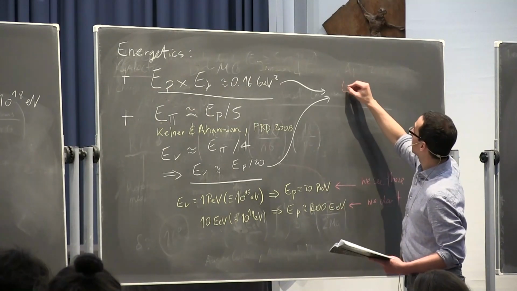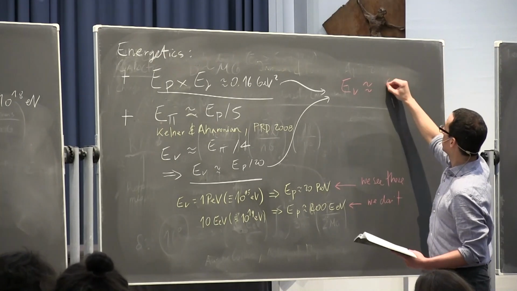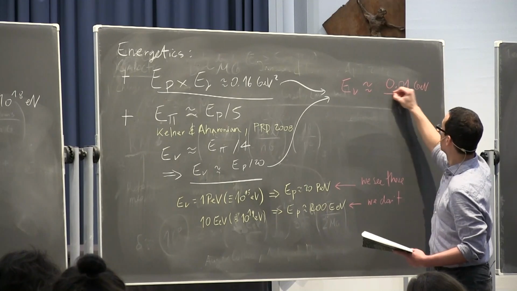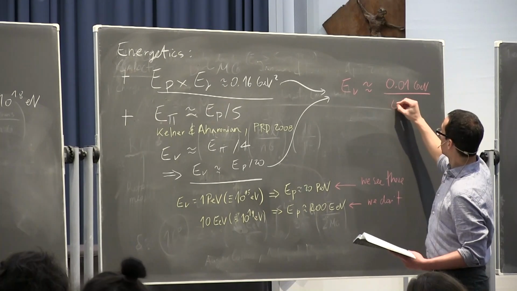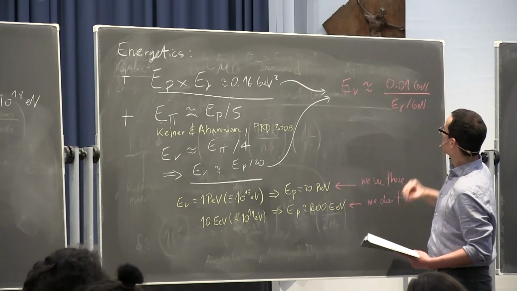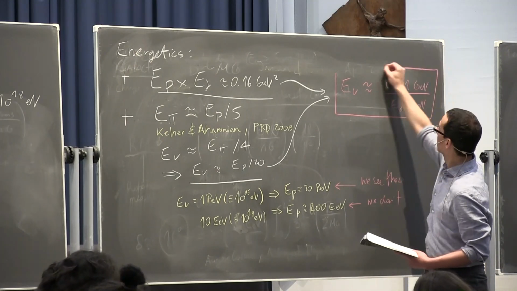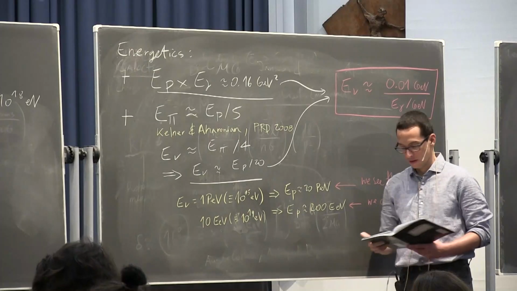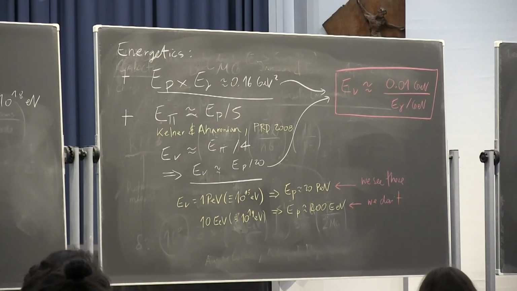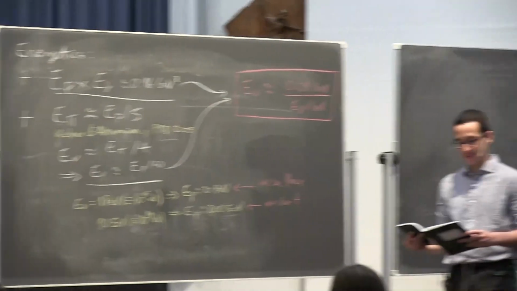And this will become useful in a moment. So this relation is 0.01 GeV divided by the photon spectrum in GeV. Okay, so let's use this. Is that clear, by the way? Okay, I don't see many intrigued faces yet.